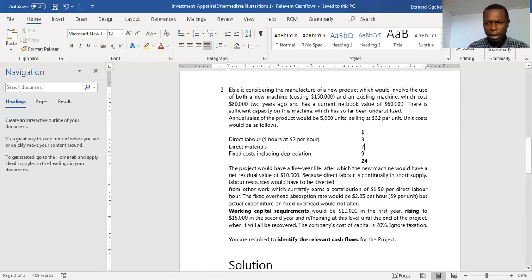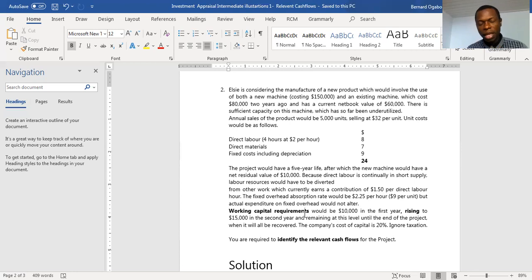Working capital requirement will be 10,000 in the first year, rising to 15,000 in the second year, and remaining at this level until the end of the project, when it will be released. So what happens here is that in determining the timing of cash flows for investment appraisal, if a cash flow occurs at the beginning of another year, it is assumed that it occurred at the end of the previous year.